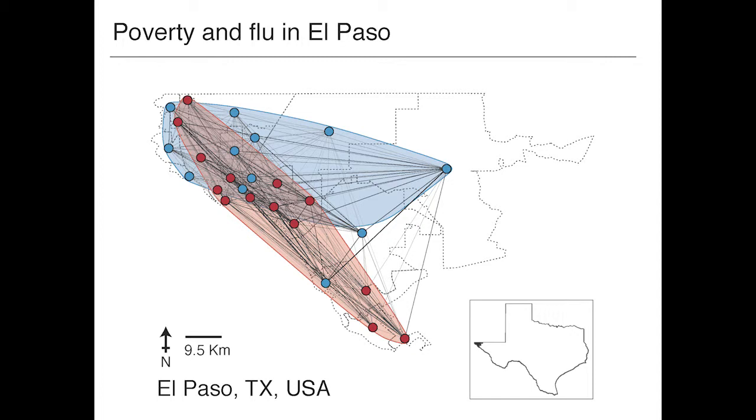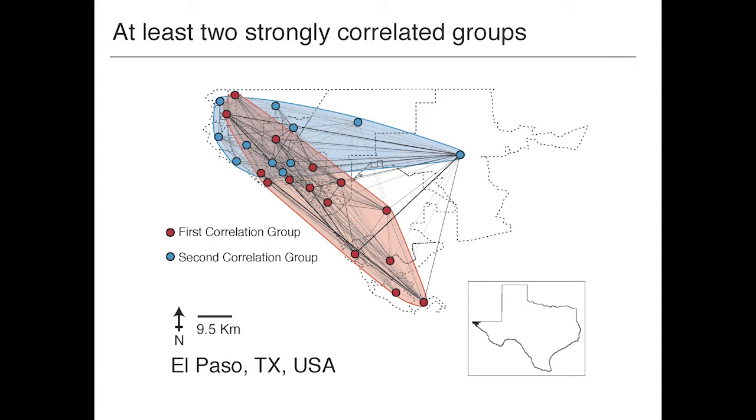So the red dots are more in sync with each other than the blue dots are. And I'm just drawing lines between them to represent the correlation. So the darker the line, the more highly correlated those zip codes are with each other. And what you'll see is this band of red largely along the Rio Grande and the Mexico border where those most impoverished zip codes were, and then a second band of blue further away from the border.